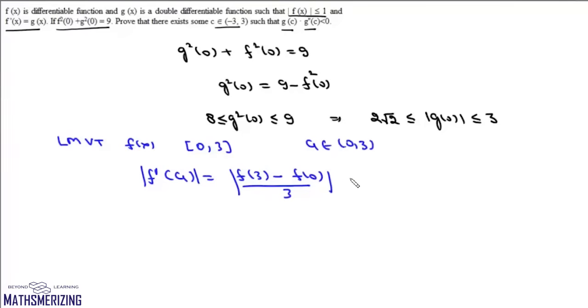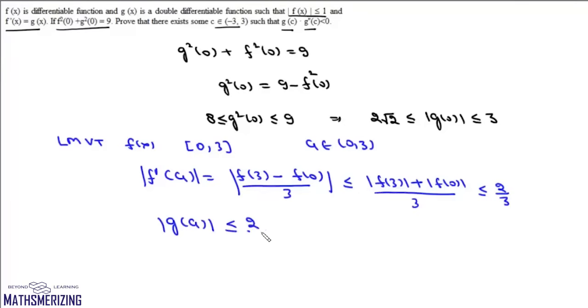Now mod of x minus y is less than or equal to mod of x plus mod of y. Now the maximum value of this function fx is 1, so it will always be less than or equal to 2 by 3, and f dash x is gx, so we can write mod of gc1 is less than or equal to 2 by 3.